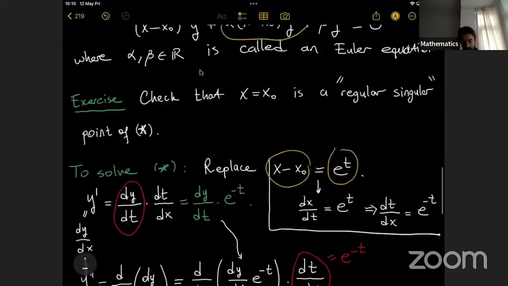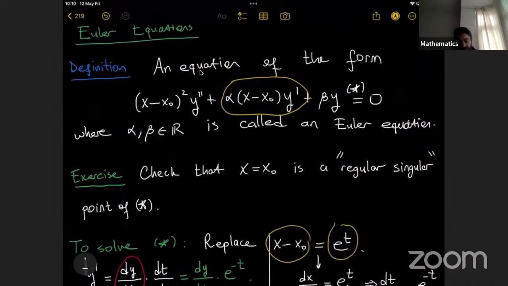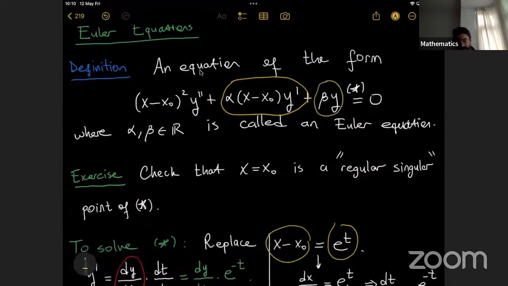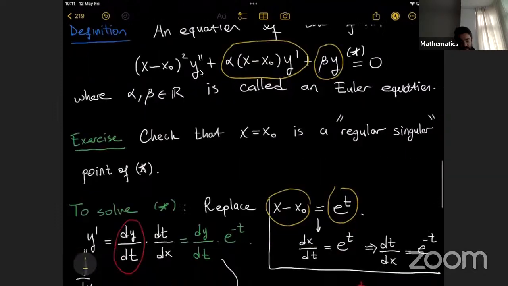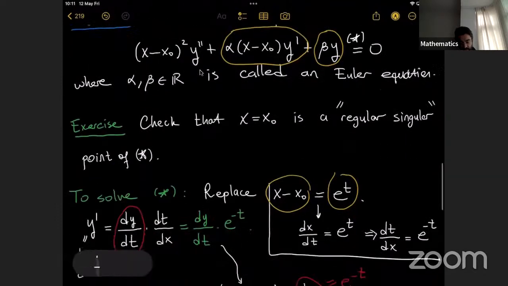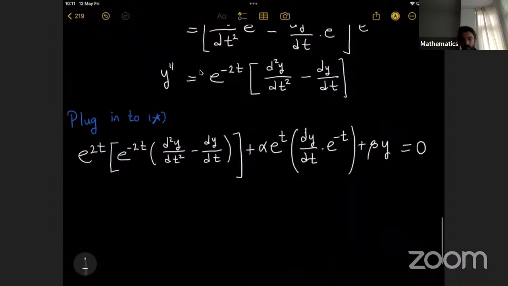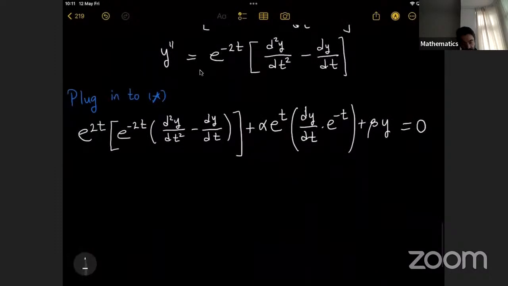Finally, the last part is beta times y. Beta times y is just beta times y, right? Because there is no x here. Beta times y is equal to 0. All right, well, let's organize this.